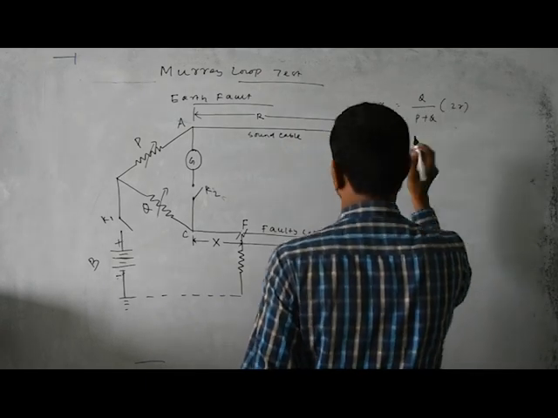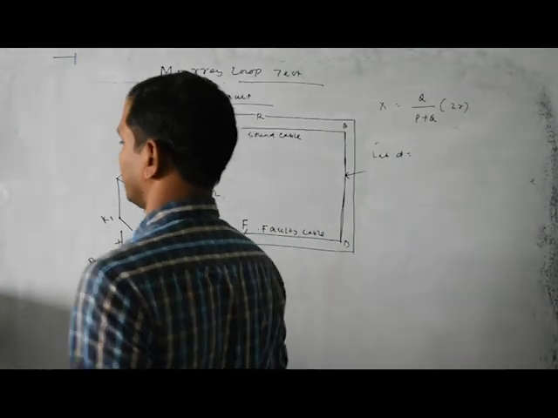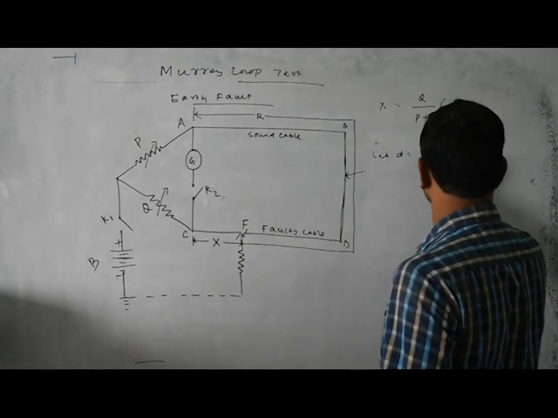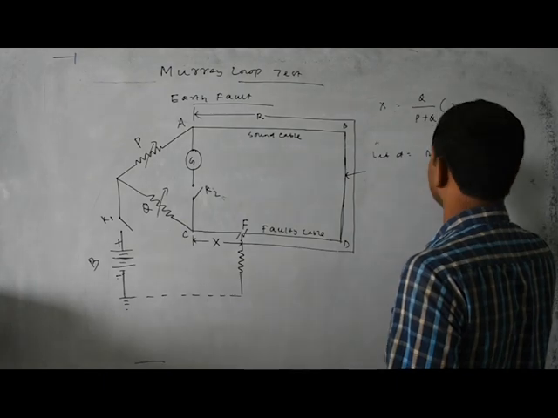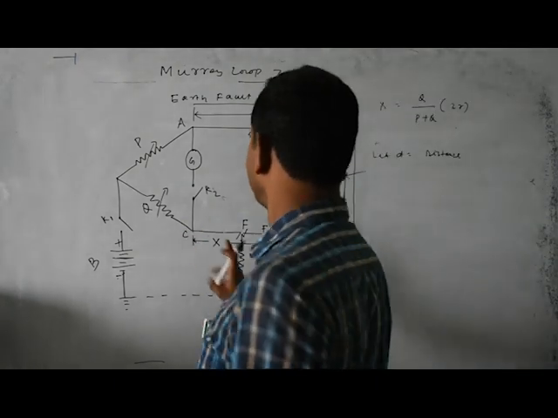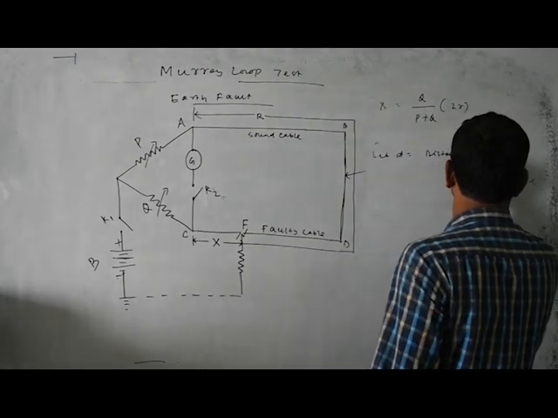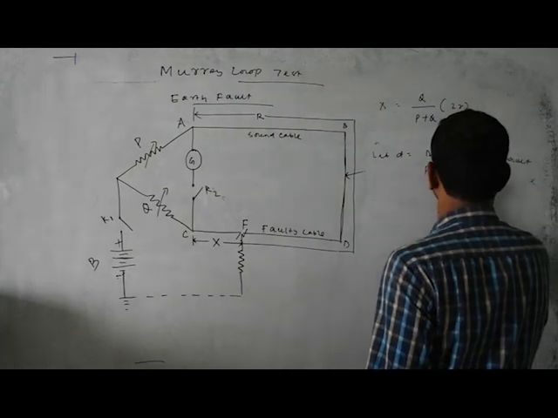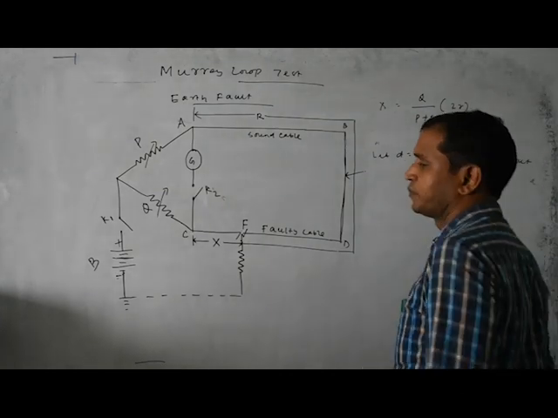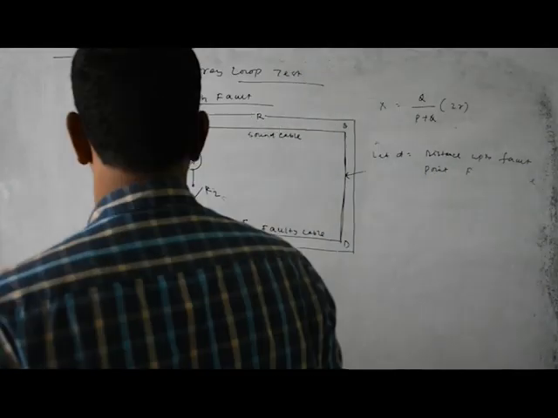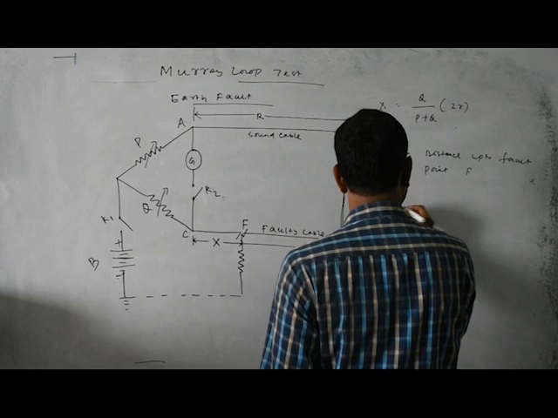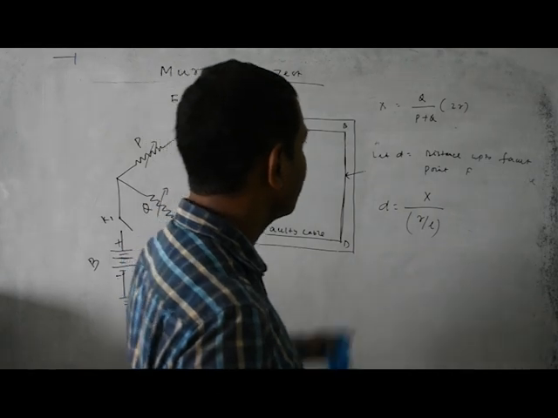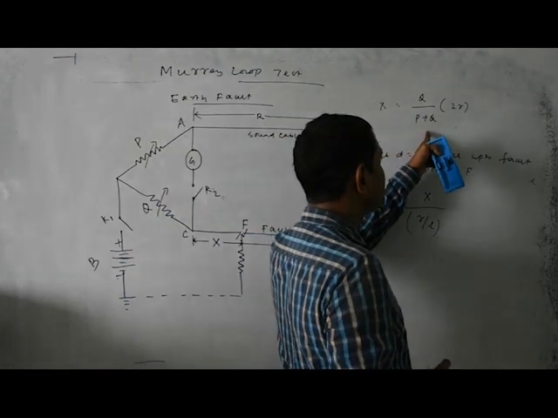Let D be the distance of the fault point F. So D equals X divided by R by L, while X equals Q by P plus Q into 2R.